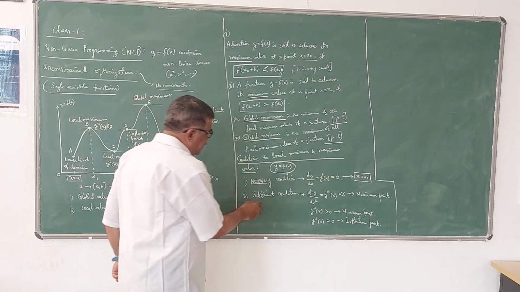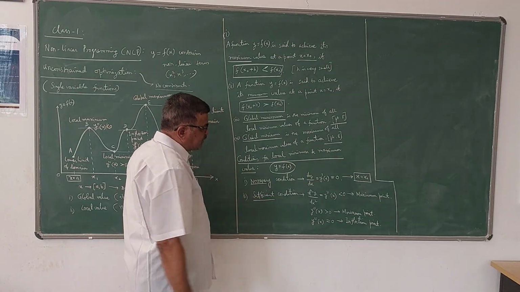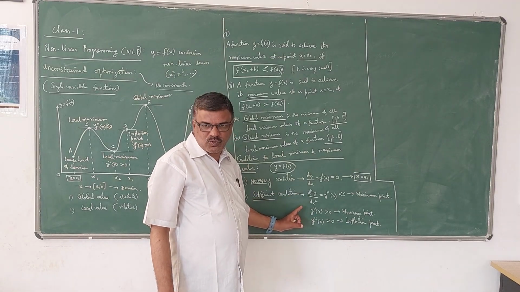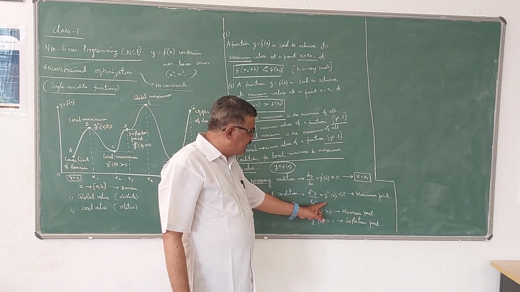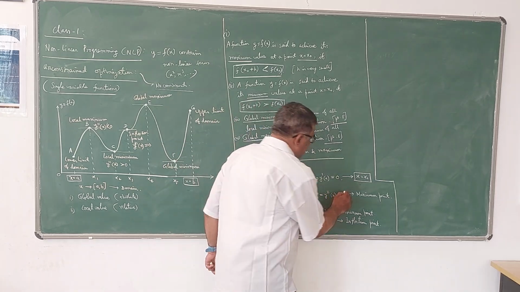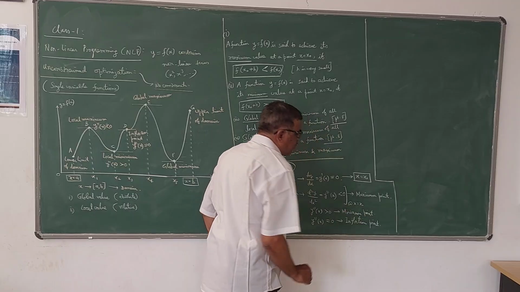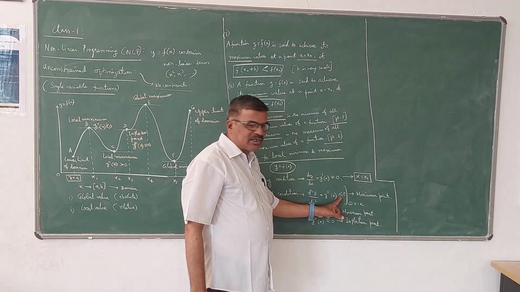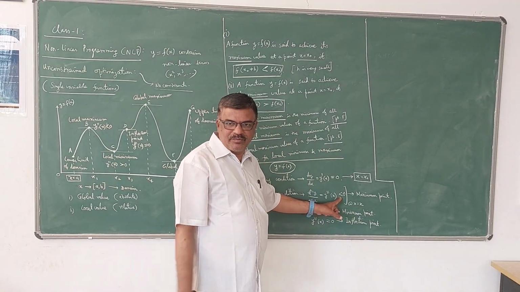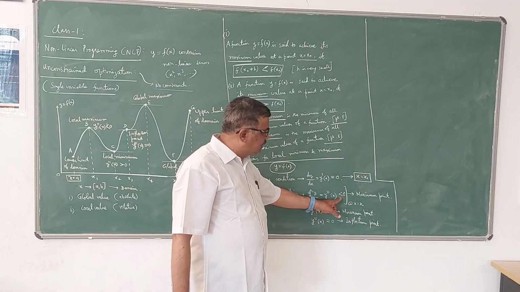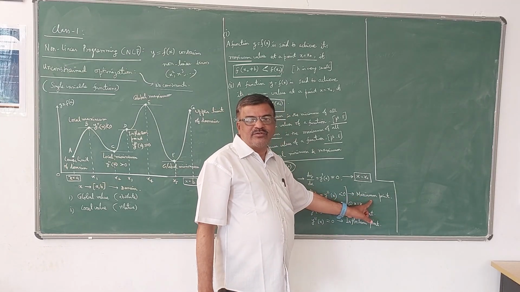Then the second condition is the second derivative, d square y by dx square, or y double dash of x, at x equal to x naught. If it is less than 0, that means negative, then that is the maximum point.